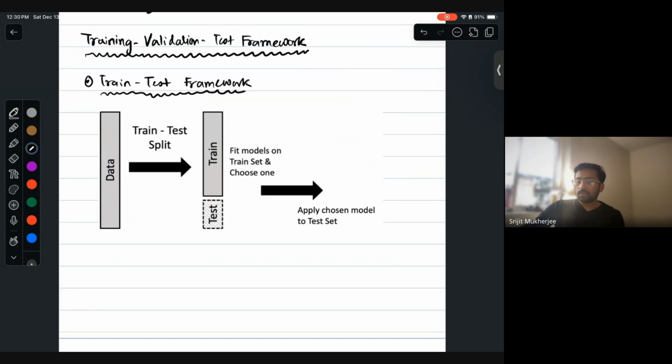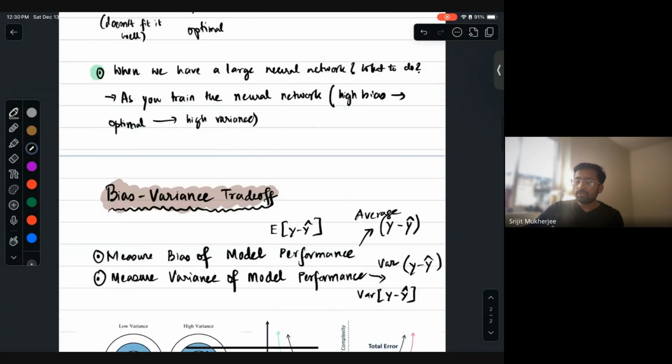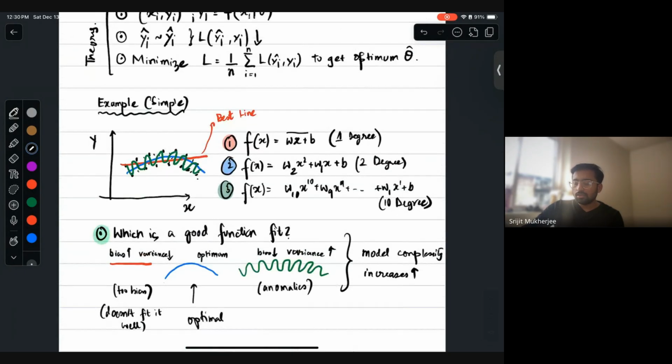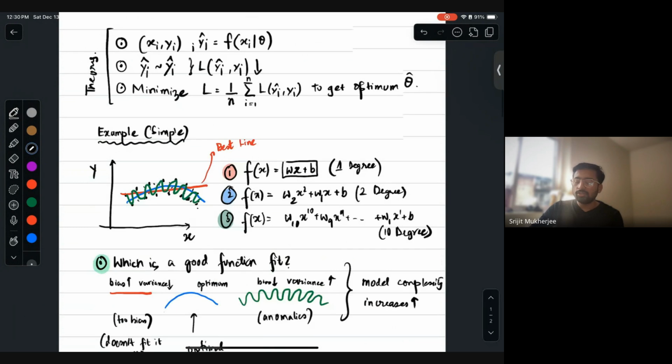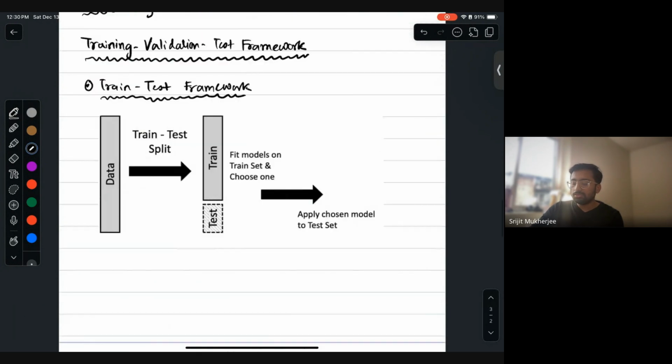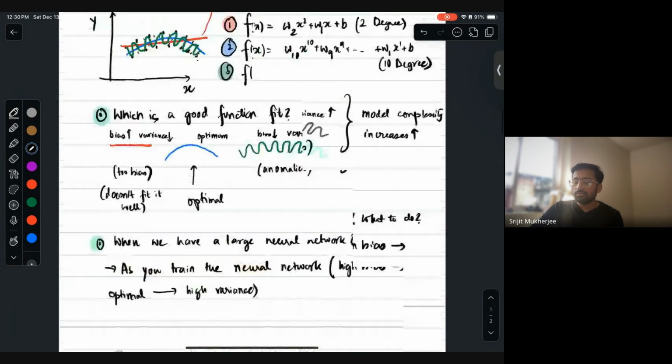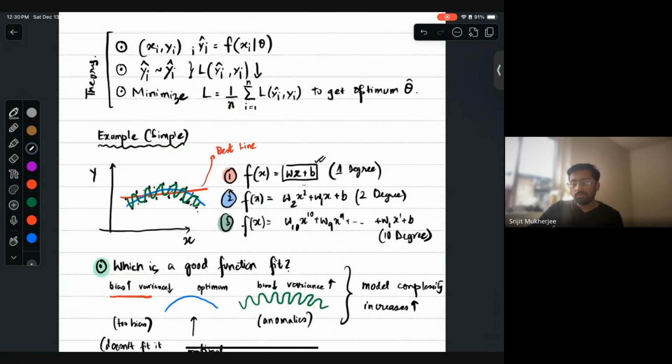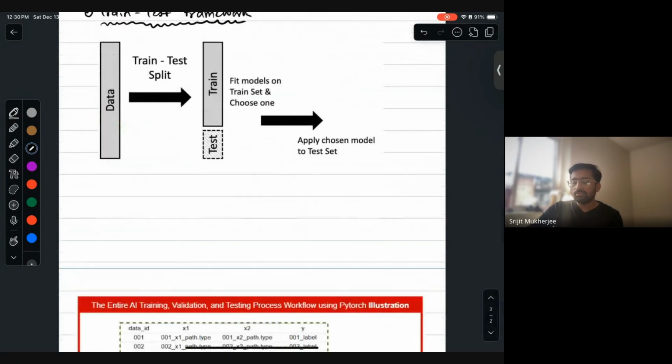So for example, you can train on this and find the best parameters. You divide the data into two, train on one, and test on the final data. Okay, that is the best way out.